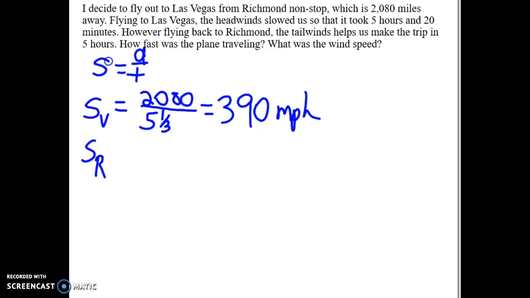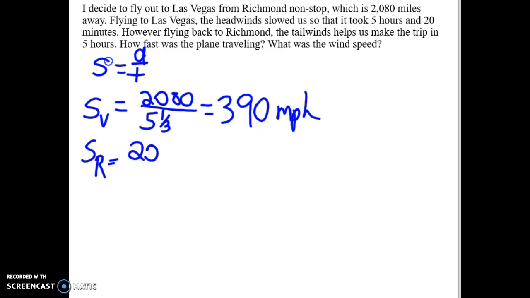So I can't do that as 20 minutes. I have to change that and put it all in relationship to hours since I'm looking at miles per hour. And I know that that is 5 and 1/3 hours. And if I divide those two, I get that I'm traveling 390 miles per hour.